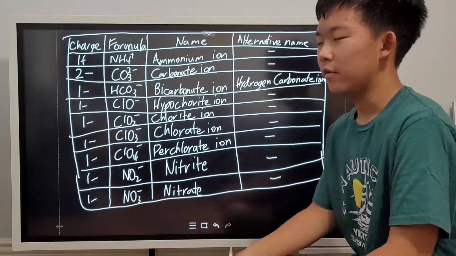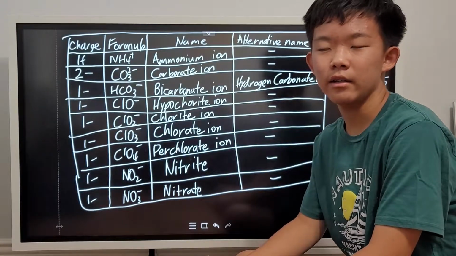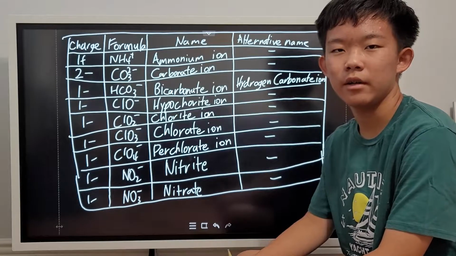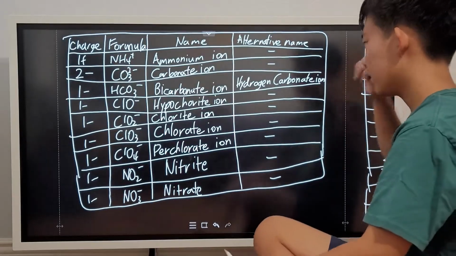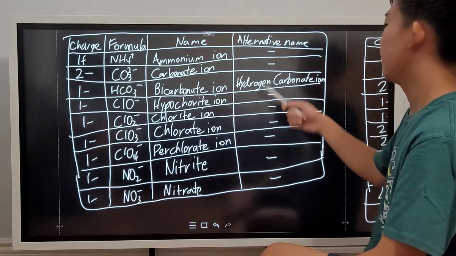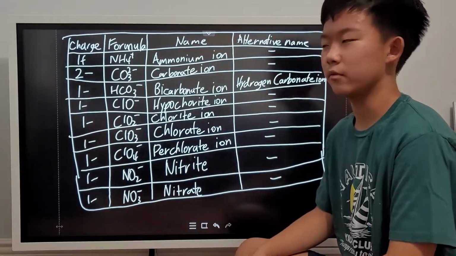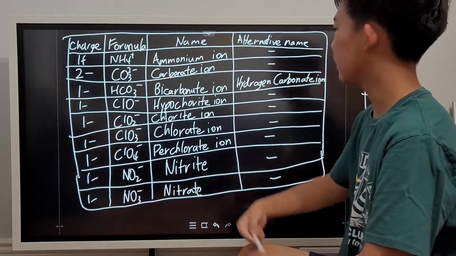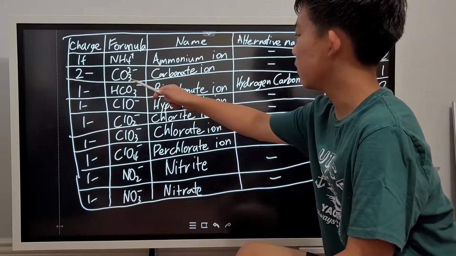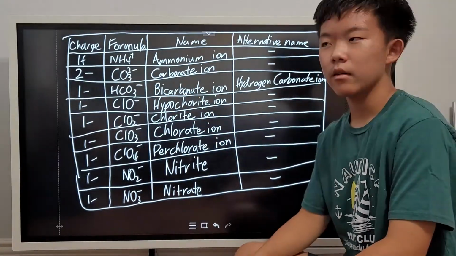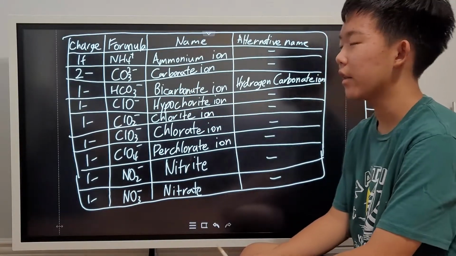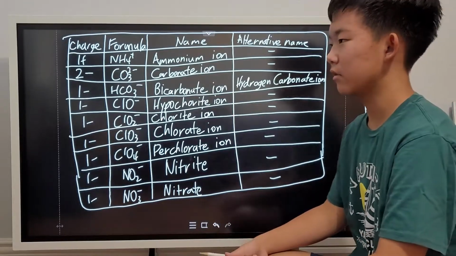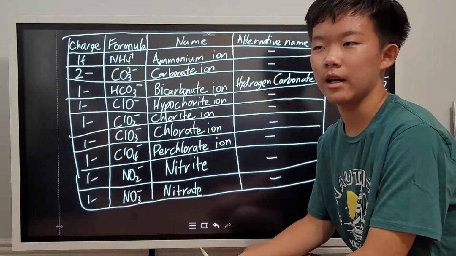And by far, it's the only cation that made its way into the common polyatomic ion chart. It has no alternative names, and it has a charge of +1. The second one is, as you can see, carbonate, with the formula CO3 2-. Carbonates are bases, and again, these guys you will encounter a lot when you're practicing in the lab.